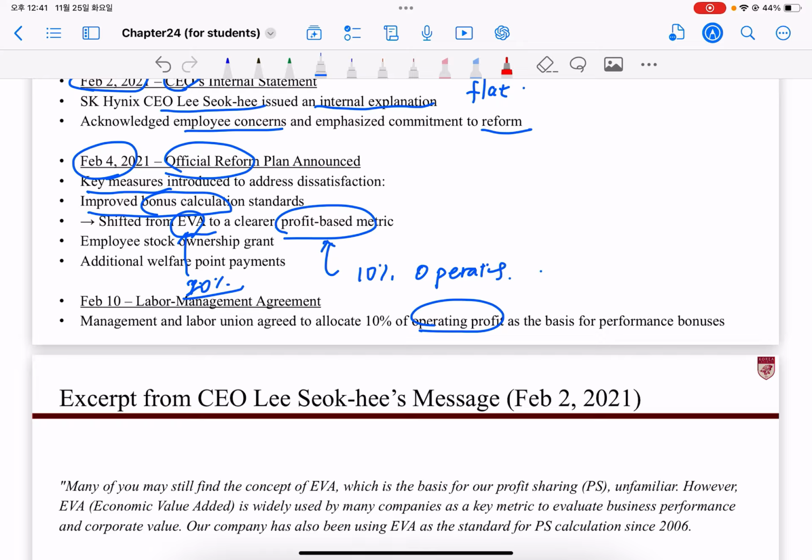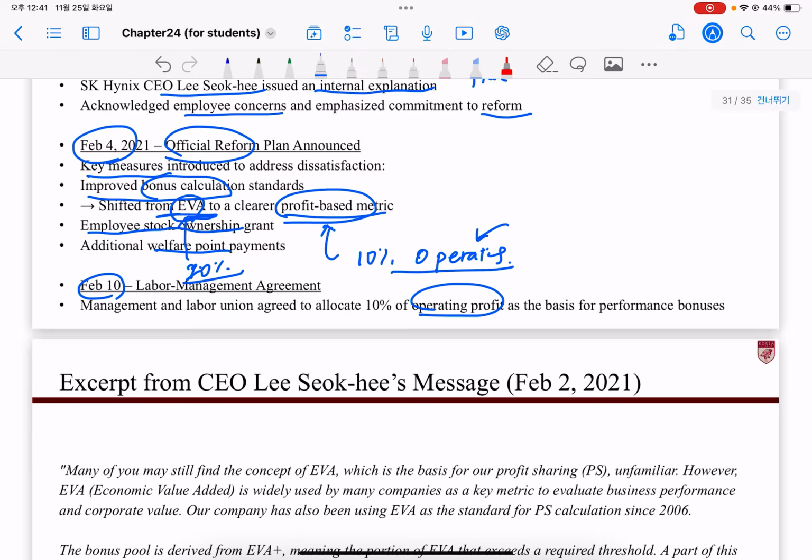Okay, so they shifted from EVA to the profit-based metric that is more clearly shown to the employees, right? On top of that, they said they will provide employee stock ownership grants as well as some welfare point payments. And then on February 10, labor and management made an agreement to allocate 10% of the operating profit as the basis. Okay.